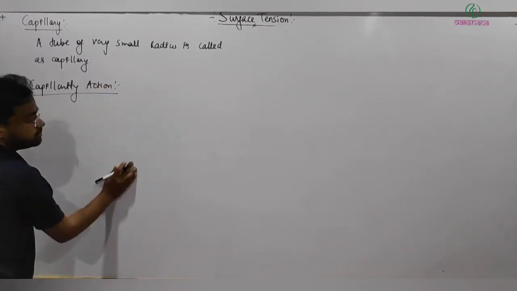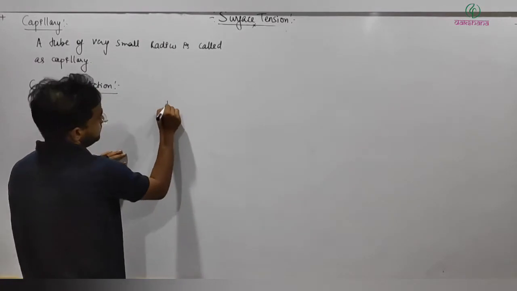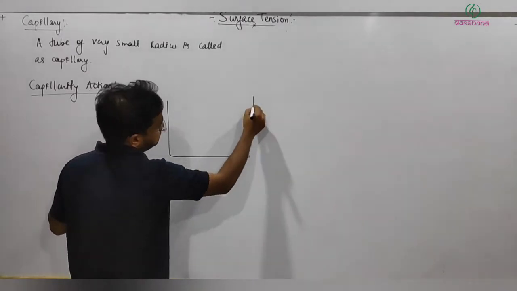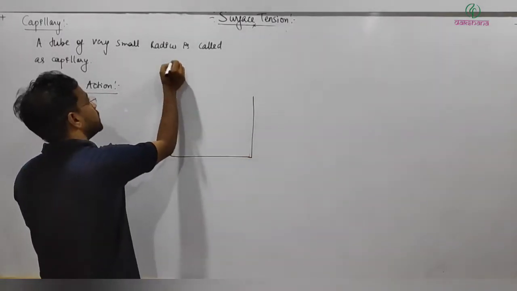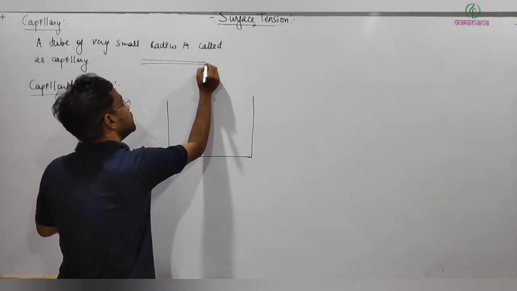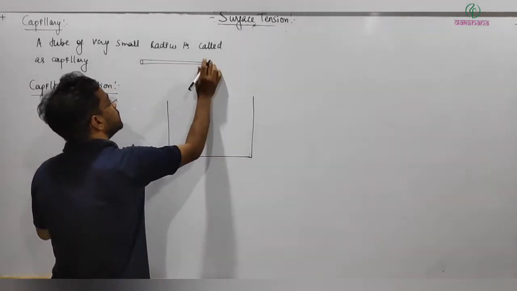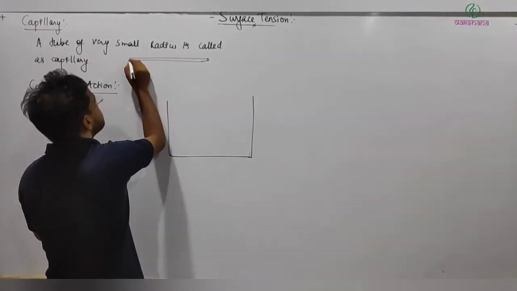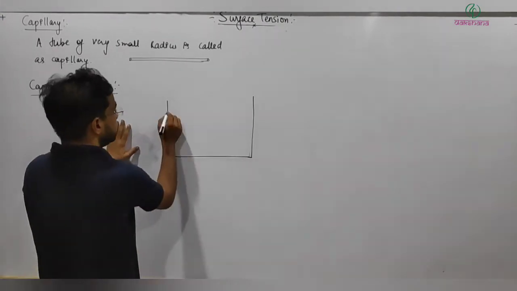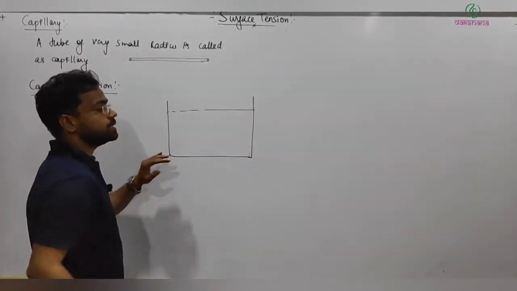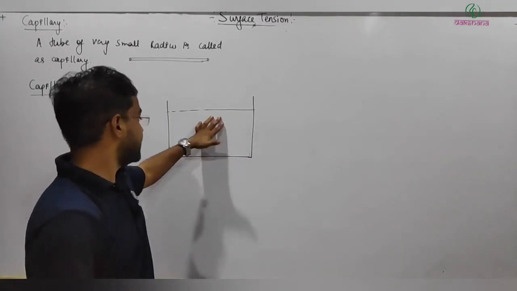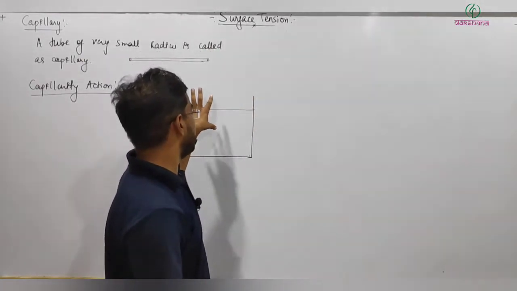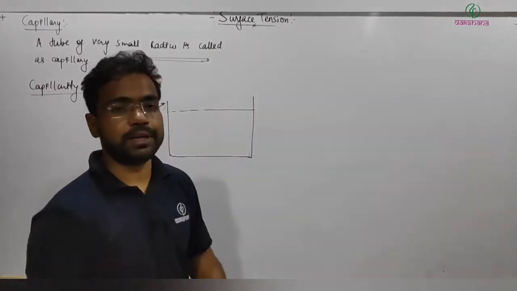The next topic is capillarity action. What does it mean basically? Let's consider we have one container with some liquid filled in it, and this is the capillary of very small radius. What if this capillary is submerged in this liquid? Then two things are observed, depending on the properties of the liquid and the capillary material.